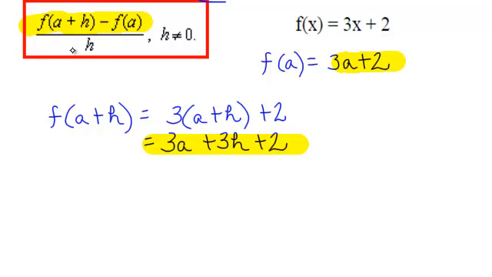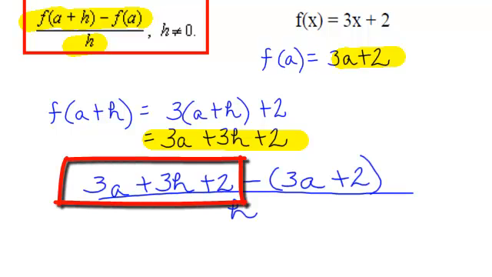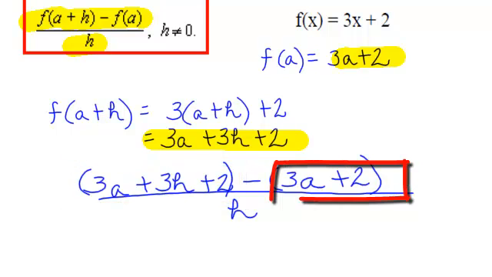And then they want me to divide it by h. So here I go. f at a plus h, that's going to be 3a plus 3h plus 2 minus f at a. Well, f at a is not 3a, it's not 2, it's 3a plus 2. Make sure you keep that in parentheses. That is f at a plus h. I subtracted off, this is f at a, and I'm going to divide it by h.